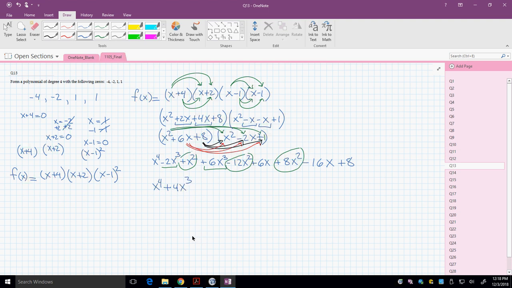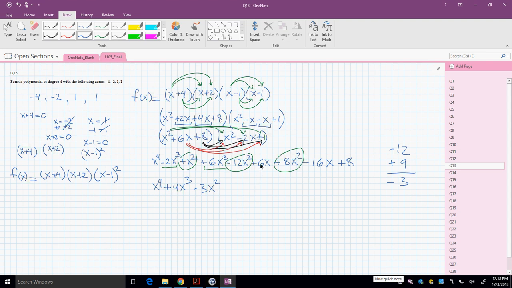Now my x squared, I have negative 12, and I have 9 positive. So that's going to give me negative 3, so I have negative 3x squared.